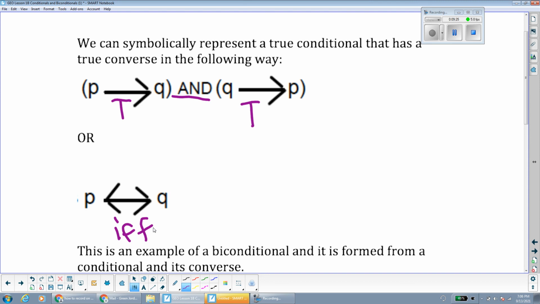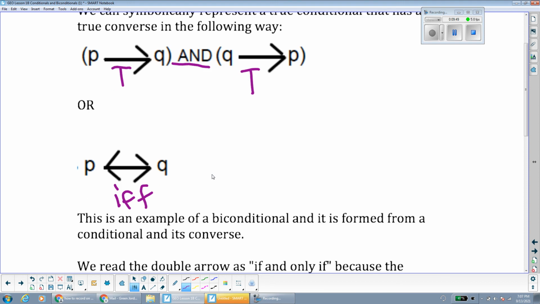If you take a look at the double arrow, it is a combination of the arrow that's starting at the left and going towards the right, and the arrow that's starting at the Q and going towards the P. It's like you're taking both of those arrows and combining them into one double arrow. So we call this a biconditional statement when we have a conditional whose converse is also true, and we can combine them into one if and only if statement.